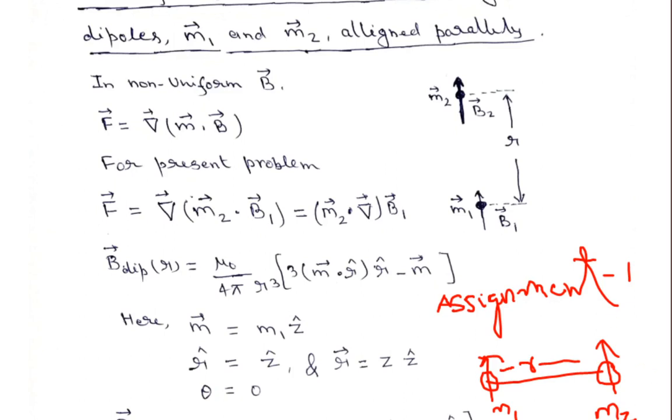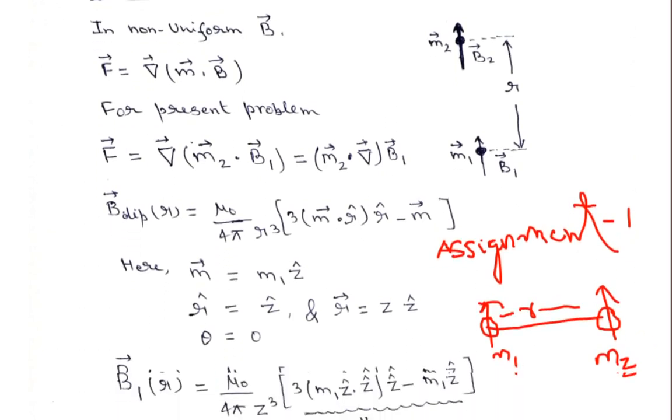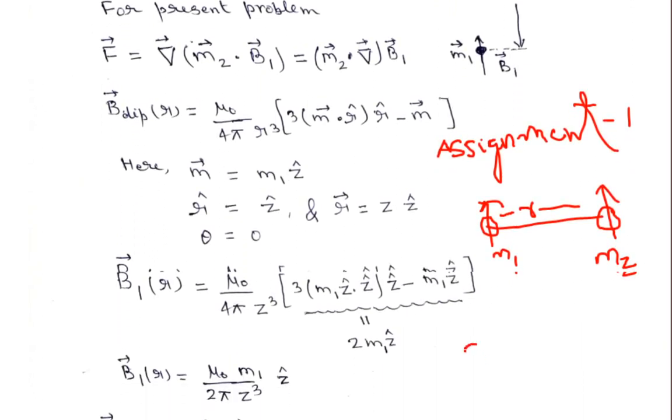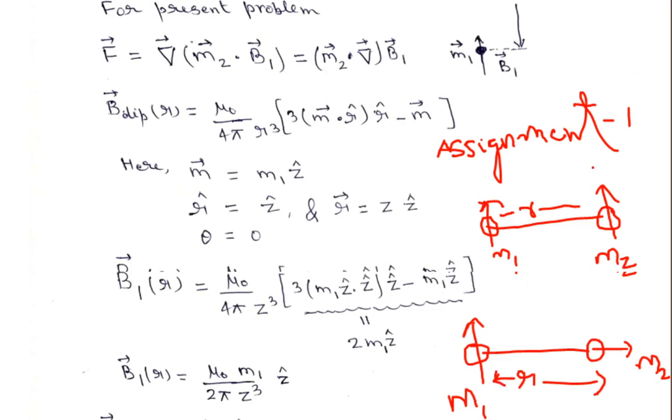Another problem you can take something like this. One dipole M1 is here, and let us take another dipole M2 somewhere here, but M2 is aligned into this direction, and the distance between these two is R. Now you have to find out the force.